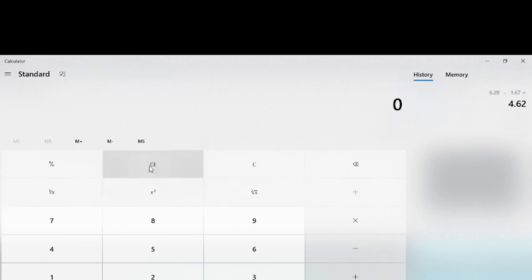Similarly, 1 divided by 20, this is the number of years, would give me 0.05.